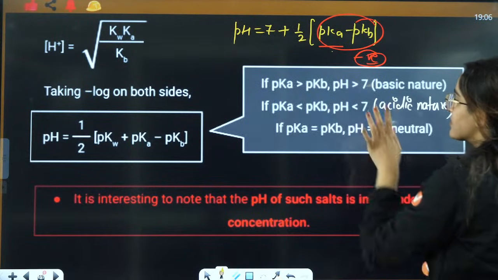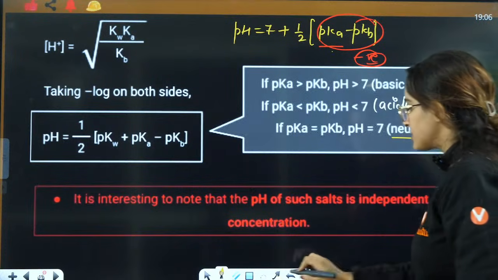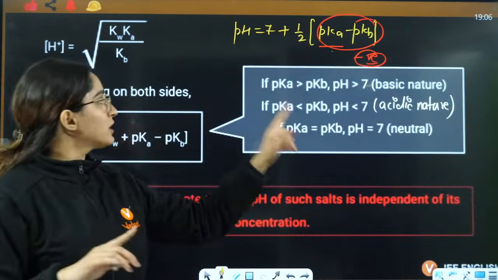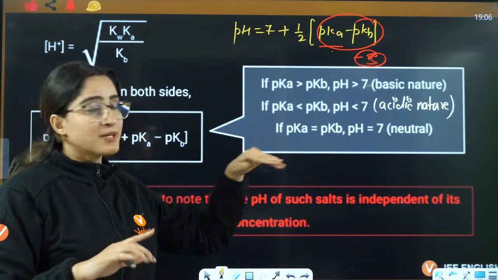That means pH is 7, so it's a neutral solution. That's how it depends upon whether pKa or pKb is greater.